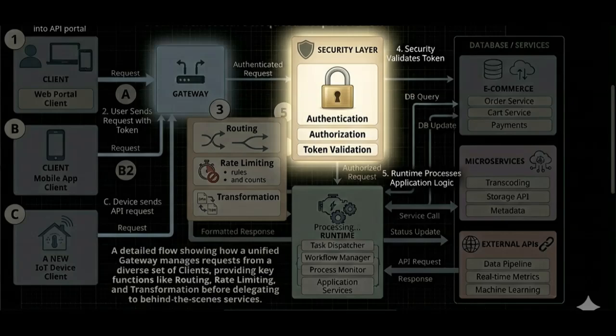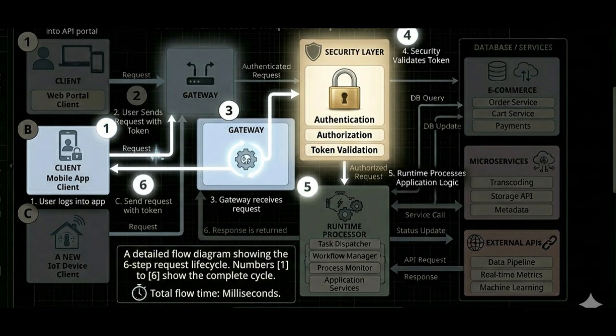For example, an admin can delete a user, but a normal user cannot. Security checks the rules and permissions before allowing any access. The next is data protection. Sensitive data is encrypted in transit, which is HTTPS, and sometimes even at rest. This prevents data leaks.